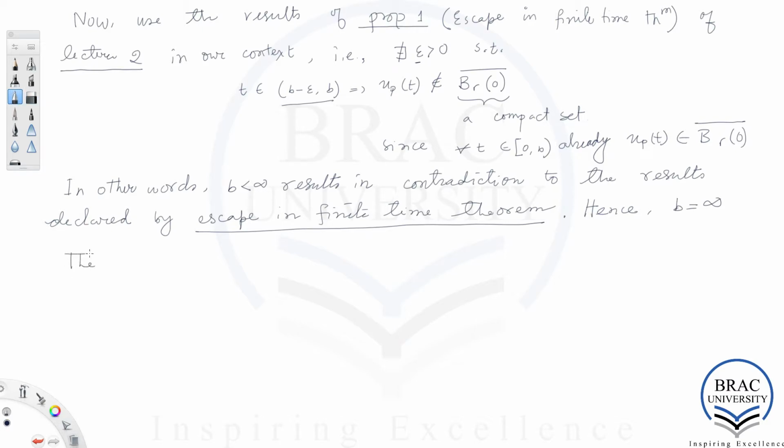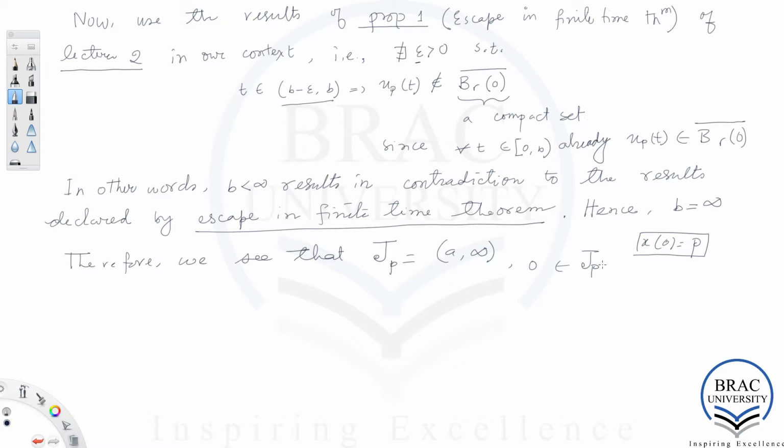Therefore, we see that J_p is equal to (a, infinity). Okay, and of course, because the initial condition for the underlying situation for the negative gradient flows was x(0) equal to p, which means that 0 is in J_p.